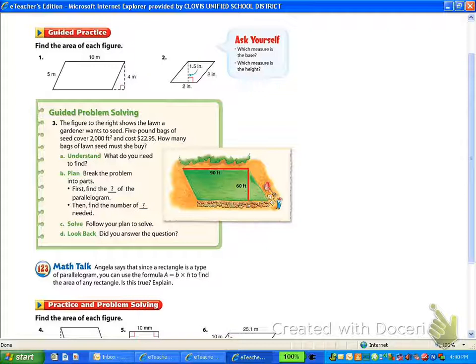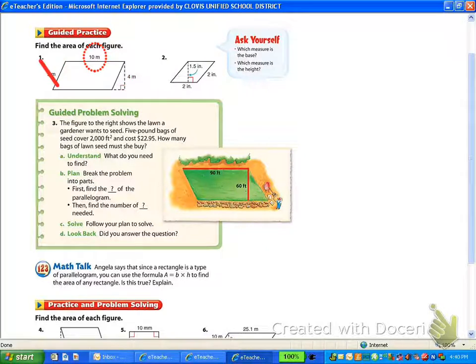So we're going to use 10. And we're not going to use 5, because 5 is just the length of that line. We want the height. And 4 meters over here shows us from the top to the bottom, it is 4 meters.